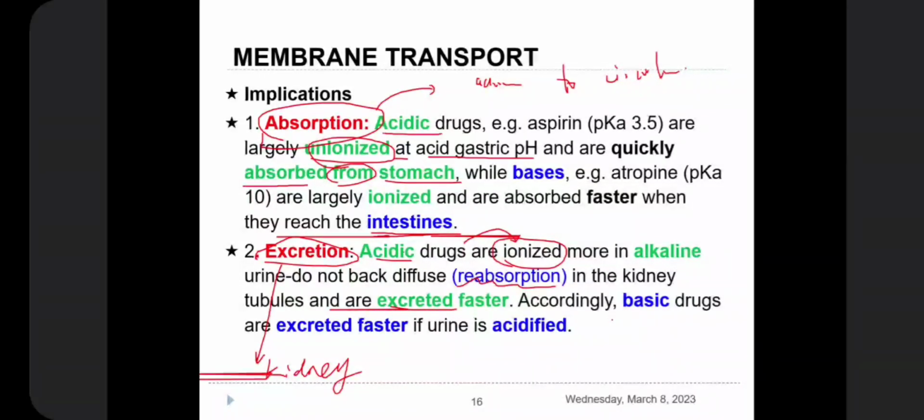And for the basic drugs, in the acid urine, most of the form is ionized, so they can be excreted faster in the acid urine. So this is for excretion, and the earlier part was for absorption.